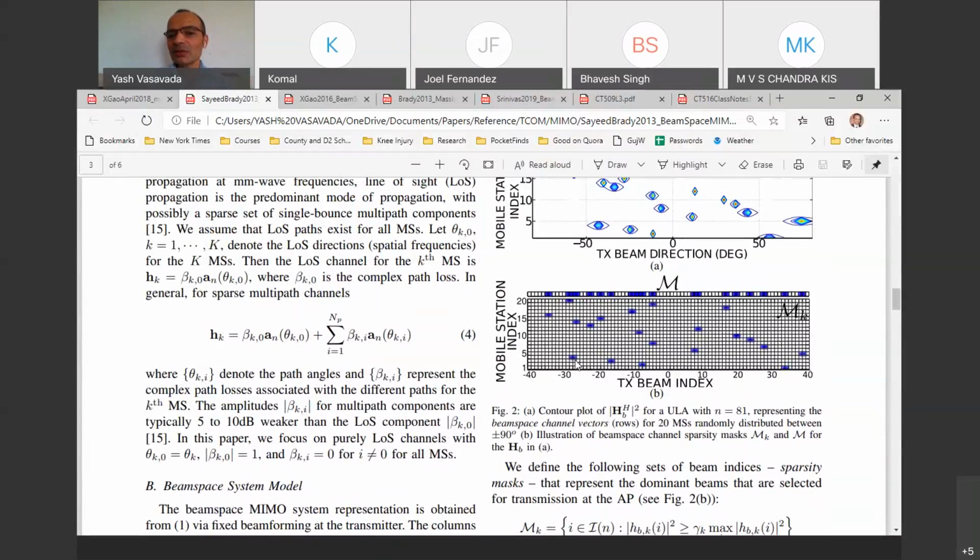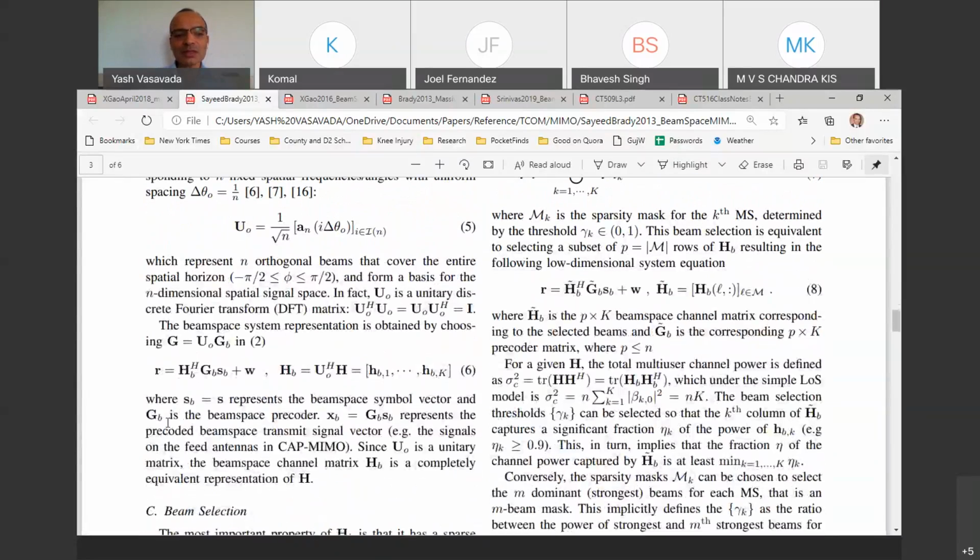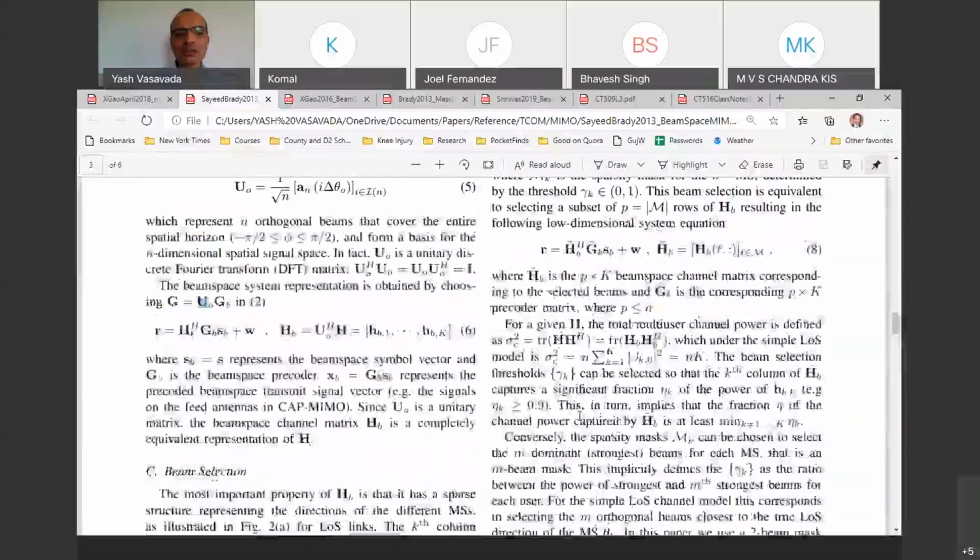But at a time, there will be only a few elements which will be non-zero. And so, after doing the discrete Fourier transformation like this, they can work with this smaller dimension h of b.